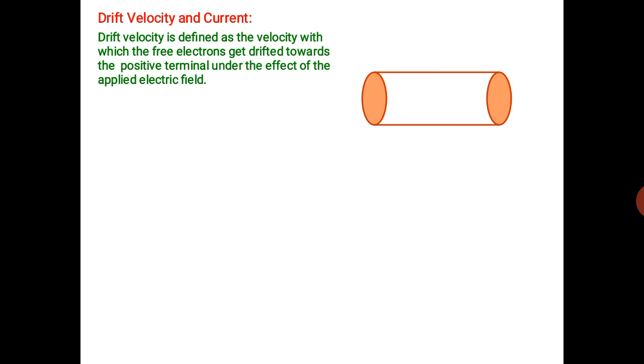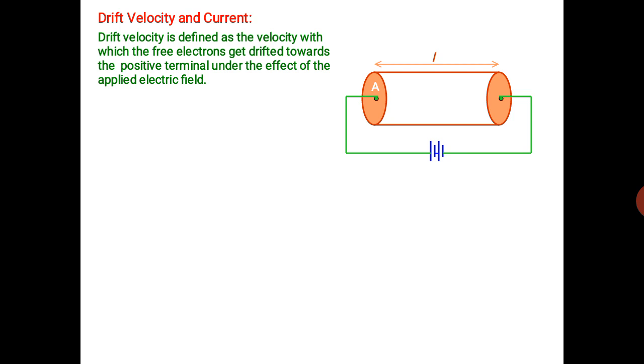This is a conductor of length L having cross-sectional area A. We can apply the electric field with the help of a cell or battery by connecting the two terminals of the battery to the conductor.